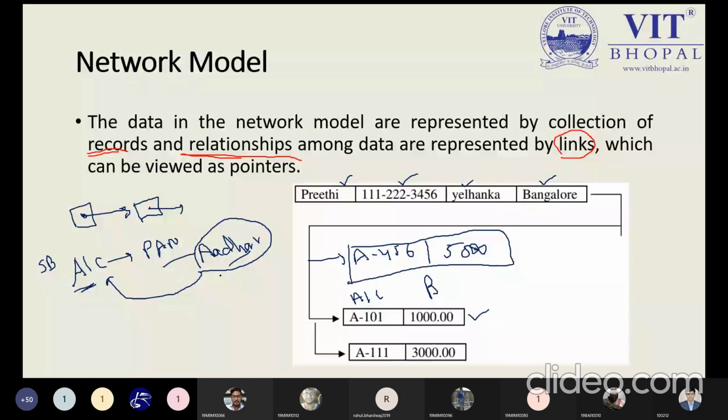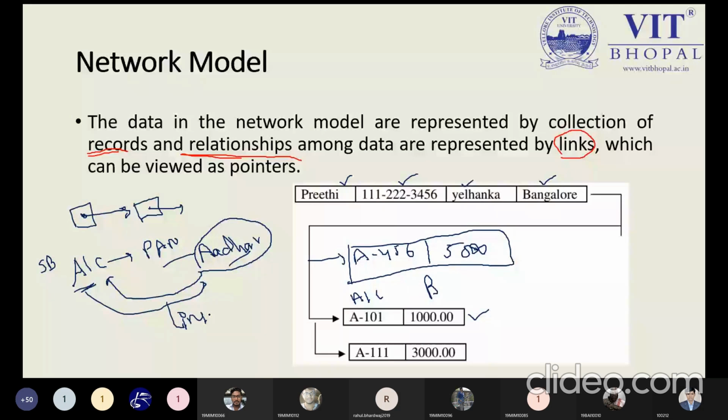And if you try to change your face by medical techniques, and you are changing your other details, you can't change your biometric details because all the biometric details are stored in your Aadhaar card as well. So that's why you can't cheat with the bank. This is a main policy by the government of India. This is done by the links, and this is also maintained by the network model.